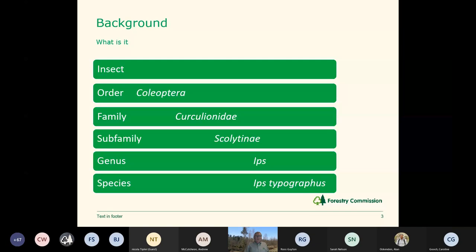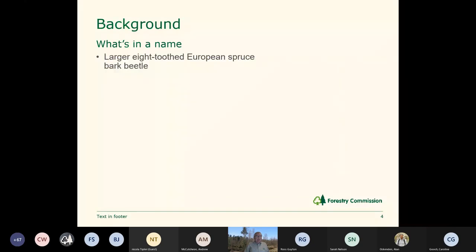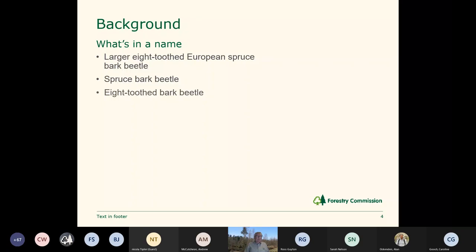There are three Ips species present in GB, but this is not one of them. Just touching on the point Caroline made, the beetle is known by a whole host of names: larger eight-tooth European spruce bark beetle, the spruce bark beetle, eight-tooth bark beetle, European spruce bark beetle, and so on.